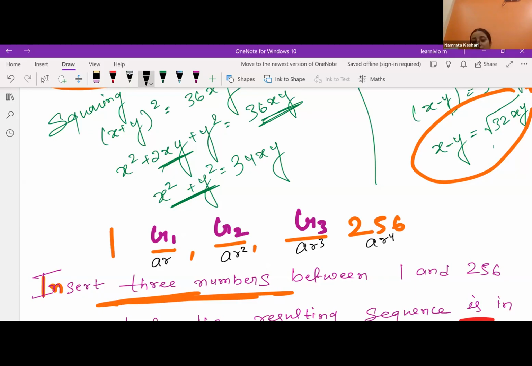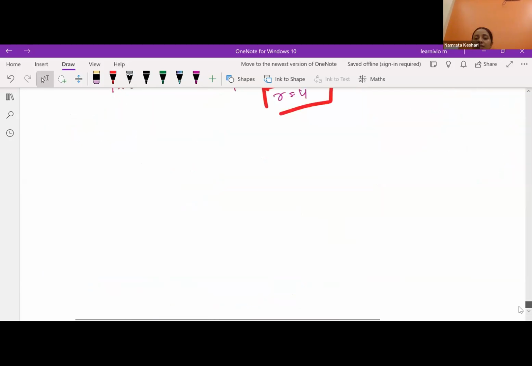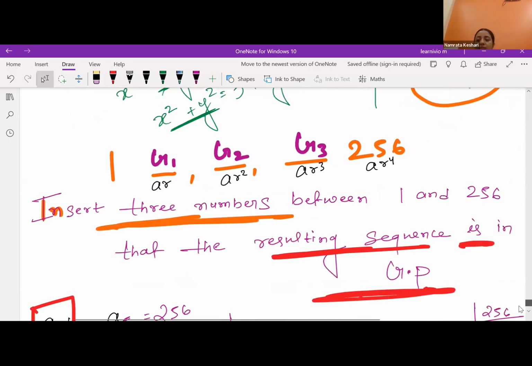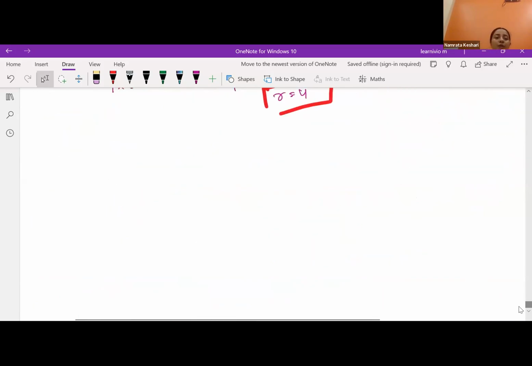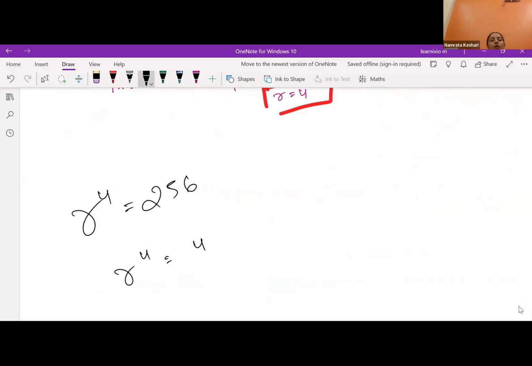One more thing I want to tell you over here. Since the power was an even number, whenever the power is an even number, plus minus sign we need to take into consideration. We are getting r to the power 4 is 256. So can we say r to the power 4 equals 4 to the power 4, or maybe r to the power 4 equals minus 4 to the power 4?